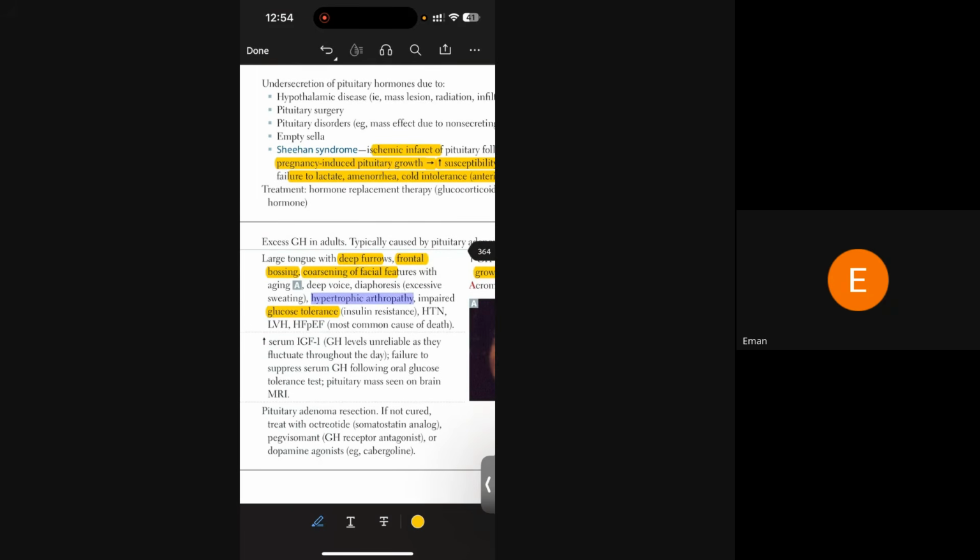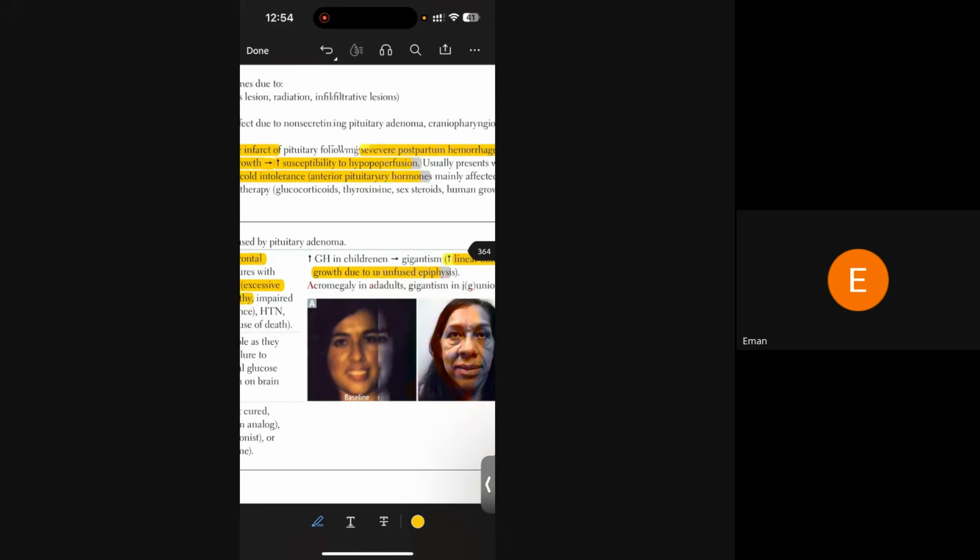Hypertrophic arthropathy. Diaphoresis: the patient has excessive sweating. The type of arthropathy we are going to see in this patient is hypertrophic. Remember this word.